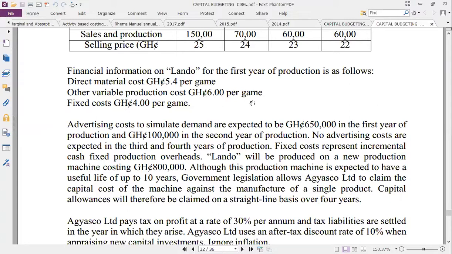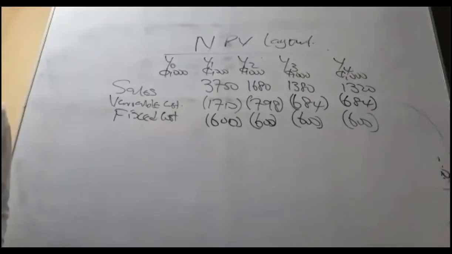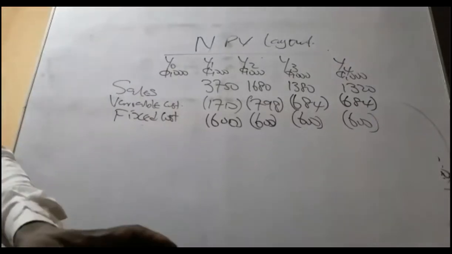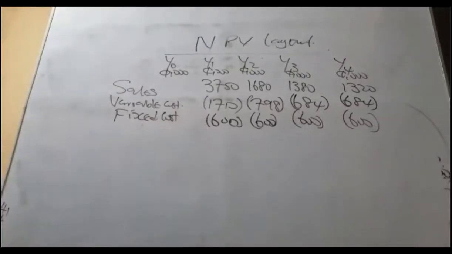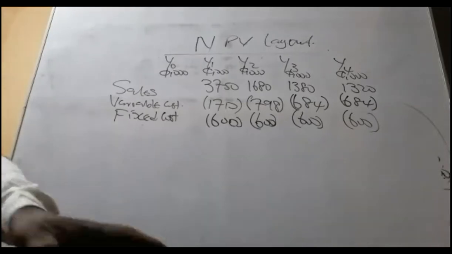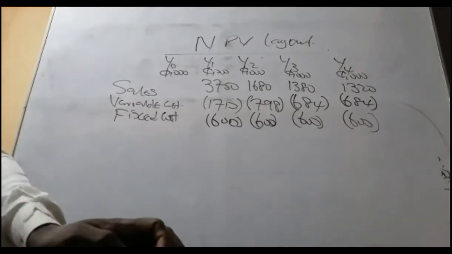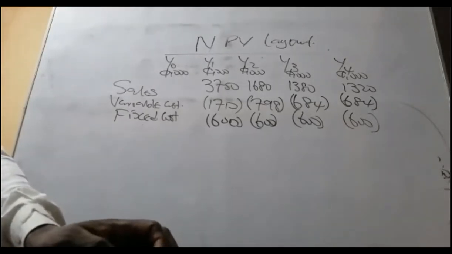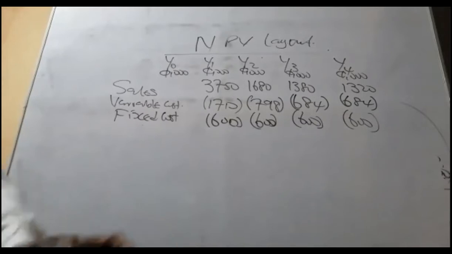You have to tell me that it's incremental before I pick it. Or there may be a statement like fixed cost of 10 Ghana cedis will be incurred. When you see words like will be incurred in future, or would be incurred, you have to pick it. That means it's incremental fixed cost, incurred in the future.